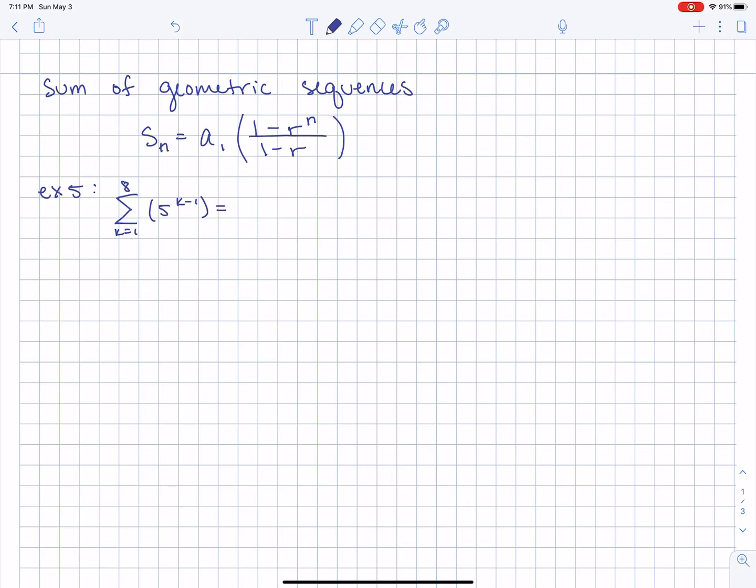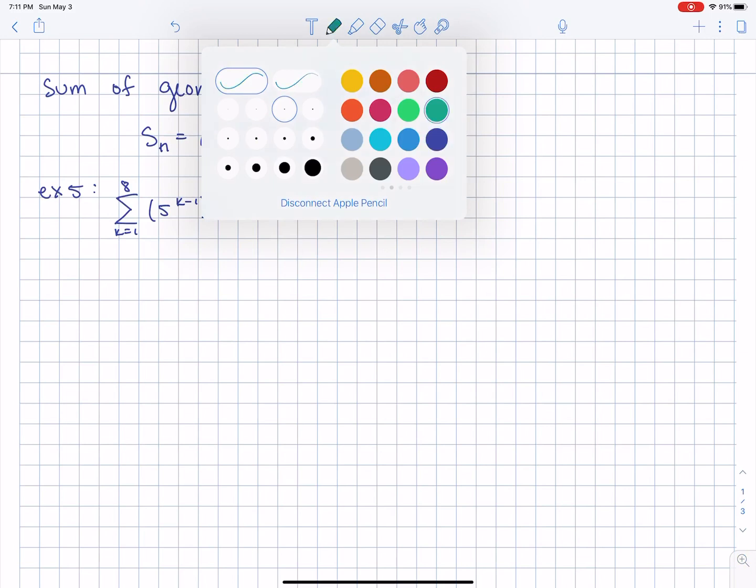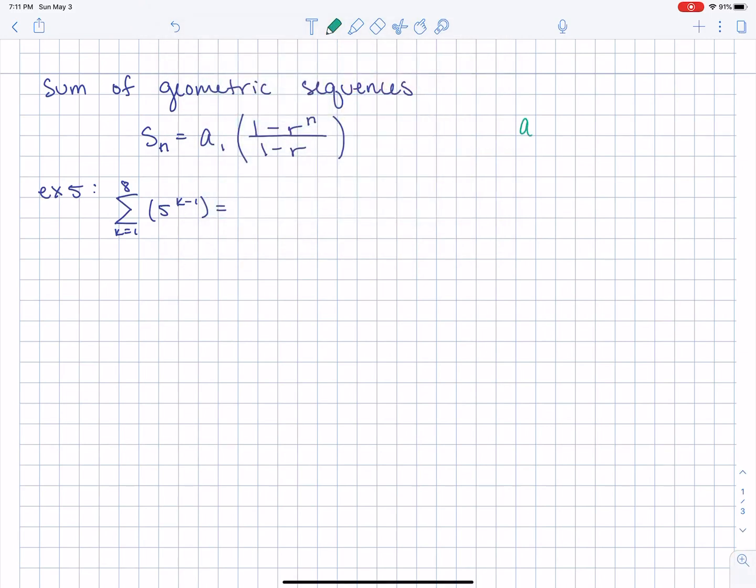It's a good idea to write our other formula over here. So a sub n is equal to a sub 1 times ratio to the power of n minus 1. As a reminder, this number out front is your first term, and this number inside the parentheses to the power is your ratio.